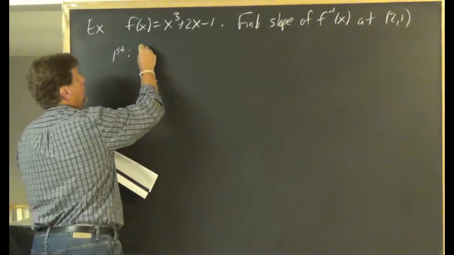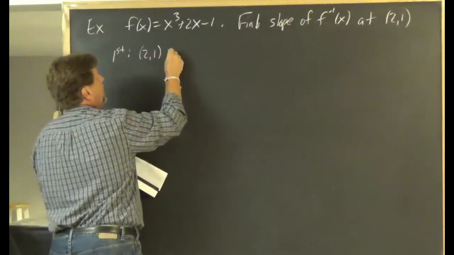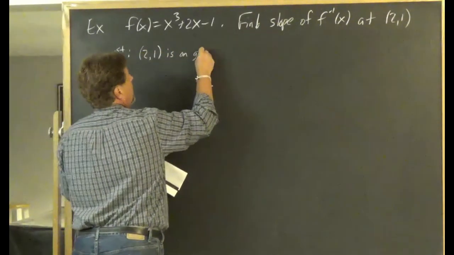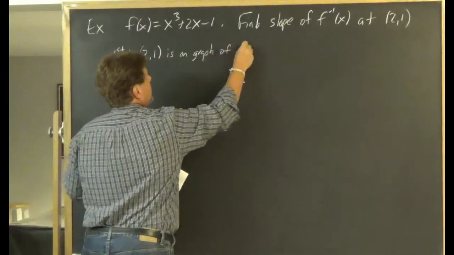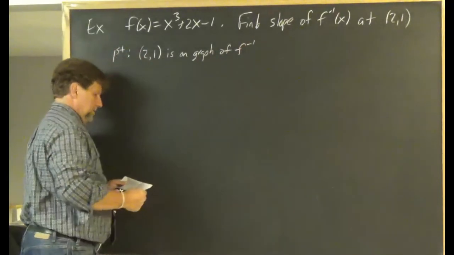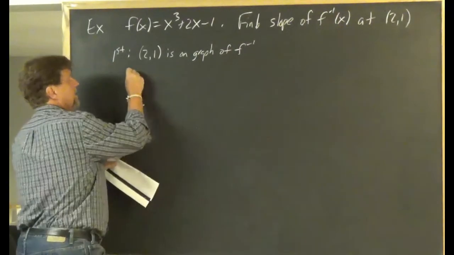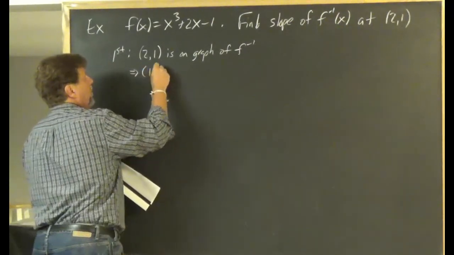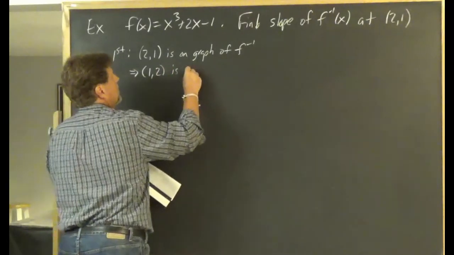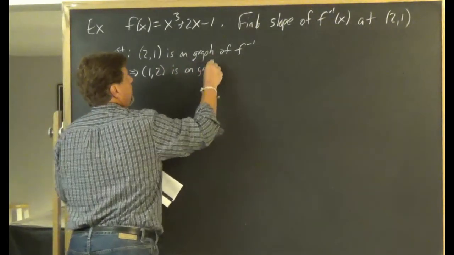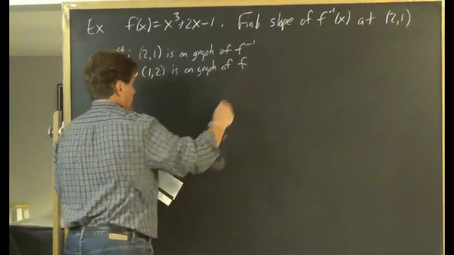We are told that the point (2, 1) is on the graph of the inverse function. Well, if (2, 1) is on the graph of the inverse function, that implies the point (1, 2) is on the graph of the function.